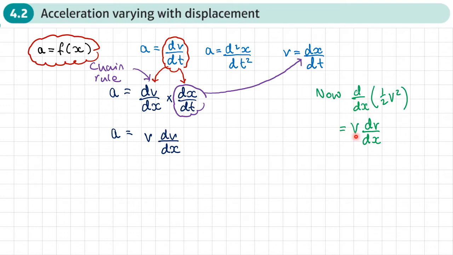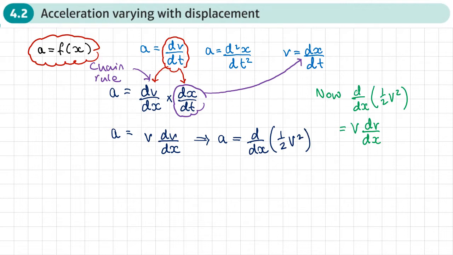Now if you look at what we've got over here, v dv dx, that's this expression over here. So now we can replace the v dv dx with d dx of half v squared.